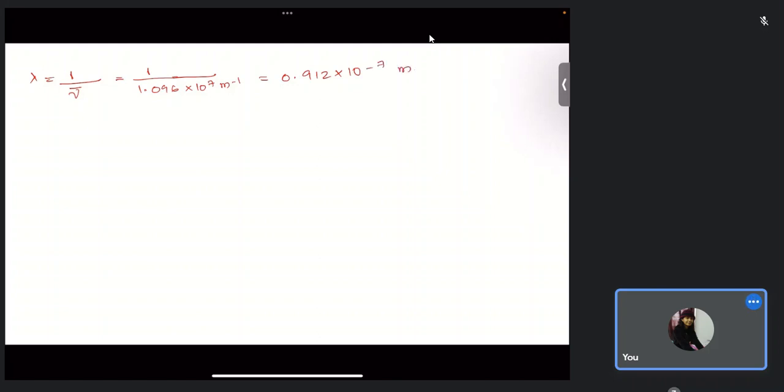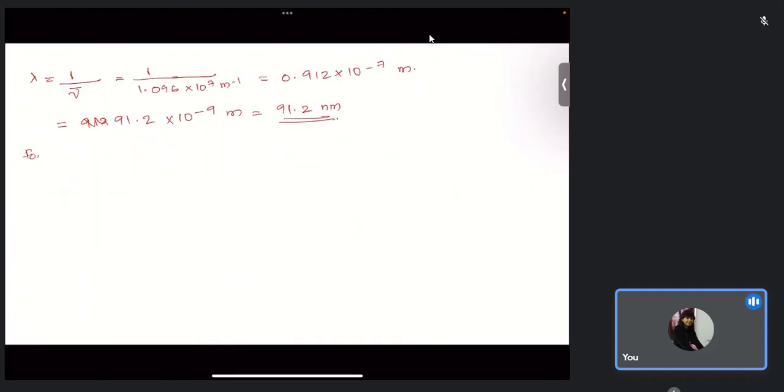We can convert it to nanometers: this is 91.2 into 10 to the power minus 9 meter, which is equal to 91.2 nanometer. This is for the shortest lambda.